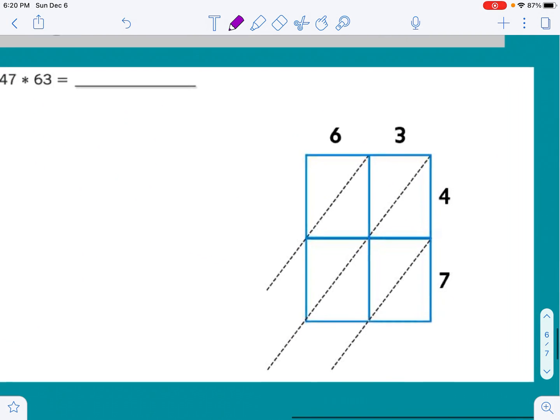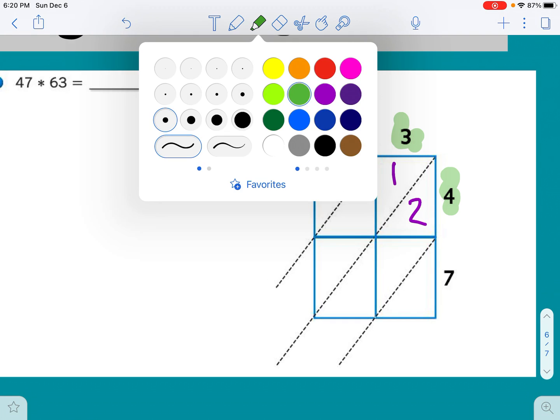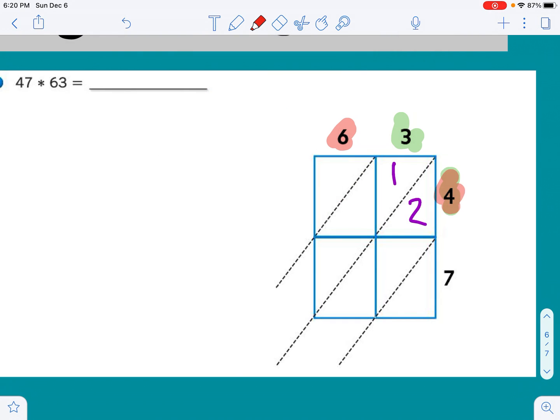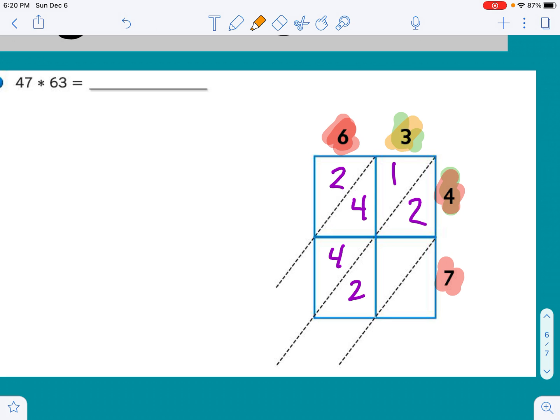One more example for you. 3 times 4, I put 12. And we do 6 times 4, we have 24. Next up, we have 6 times 7 is 42. And finally, 3 times 7 is 21.